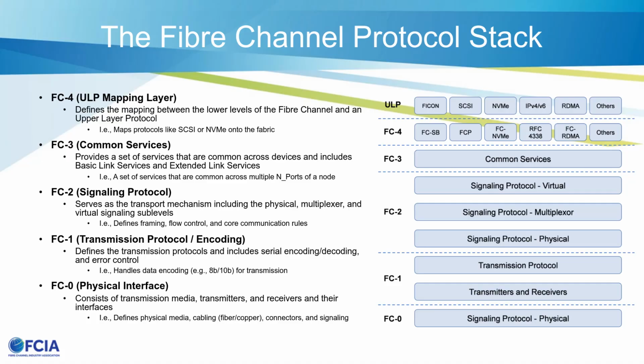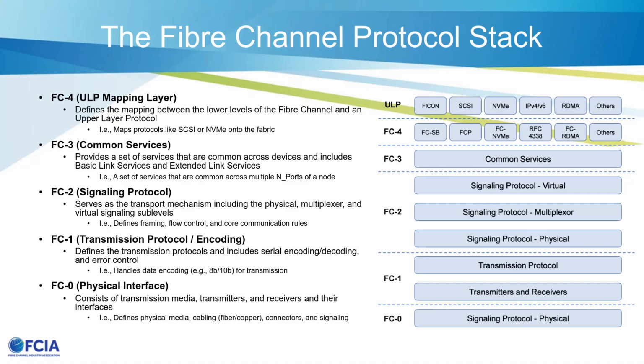It shows 8-bit/10-bit here, which is fairly old, around the 8 gigabit speed time, but now we're up to 64/66 or even higher as we go into faster speeds. FC2, the signaling protocol, defines the frame formats and the flow control, like buffer-to-buffer flow control, and the basic communication rules like link initialization.